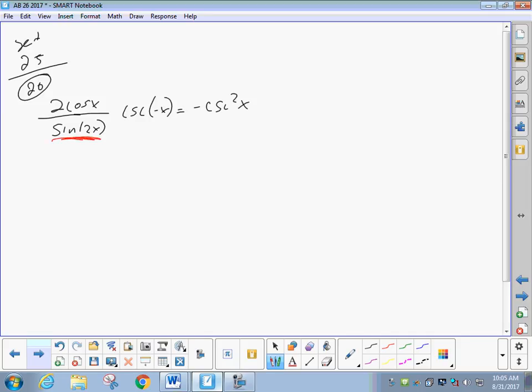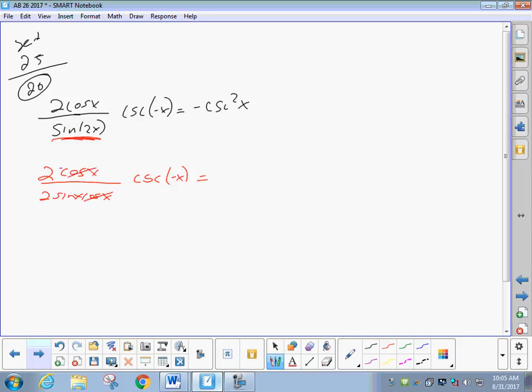Let's start here. 2 sine x cosine x. If by identity you replace that, keeping the left side, or everything else the same, the right side I'm not going to even touch, then that makes my life a little more simple.